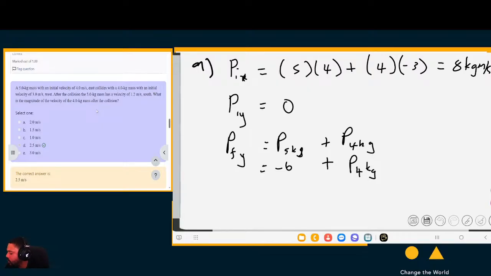It's 5 times 1.2, which is 6 kilogram meters per second. Let me write it this way. It's 5 times 1.2, but it is downwards. I just switched this all around. So it's negative 6 kilogram meters per second.